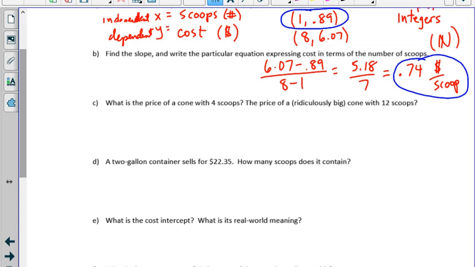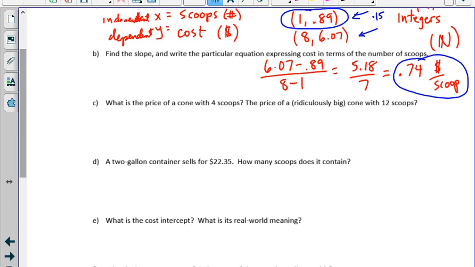If I have an 8 scoop thing, that's $6.07. But if all I did was 74 cents times 8, I would have got $5.92. So I have to be cognizant of the fact that there's some sort of 15-cent fee, so to speak, for even getting ice cream at this store.